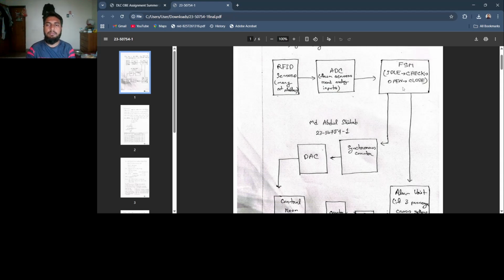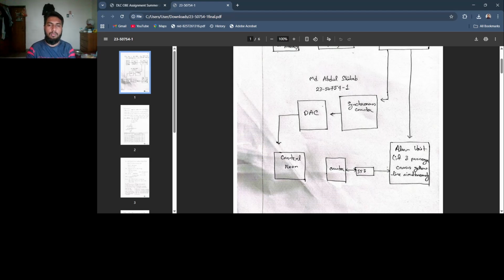Then the FSM makes two paths. One path is the synchronous counter to the DAC to the control room, and another path is the alarm unit.